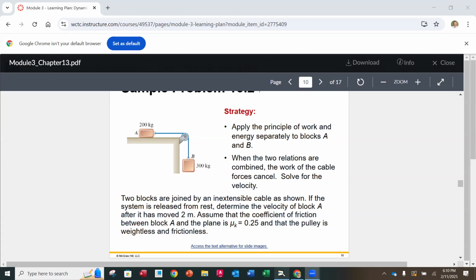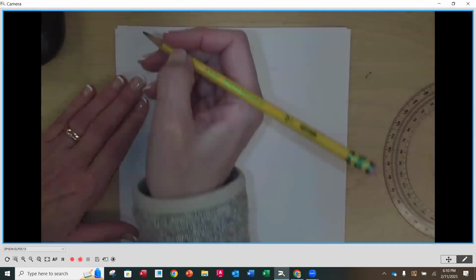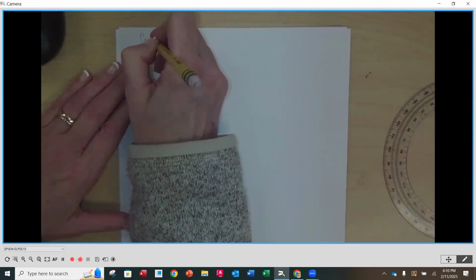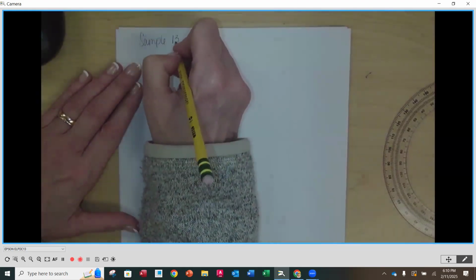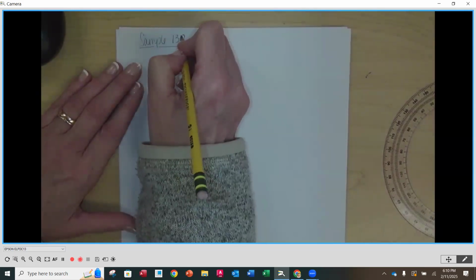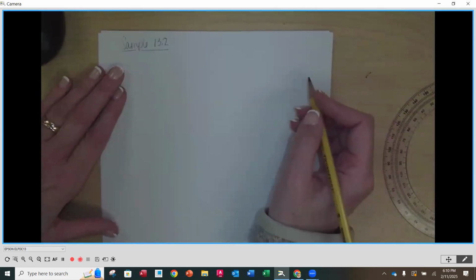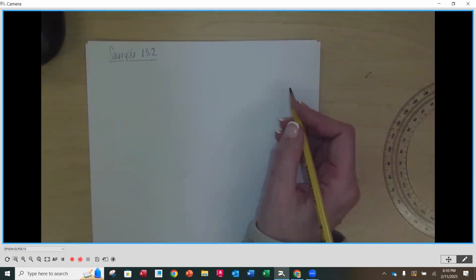So let's start our problem first by identifying the items that were given and then what we're going to be solving for. So this is sample 13-2. Now, our convention is going to be a little bit different for this one.